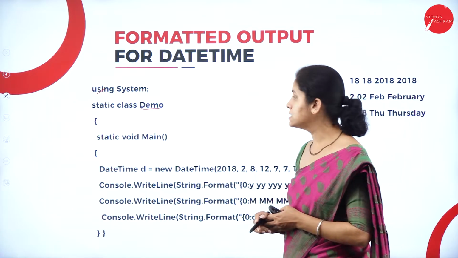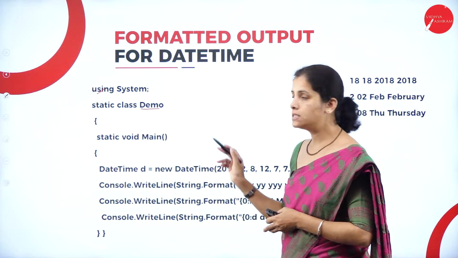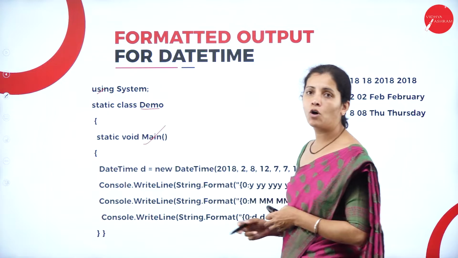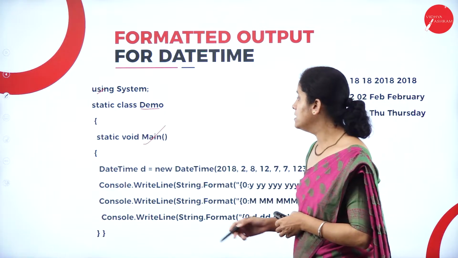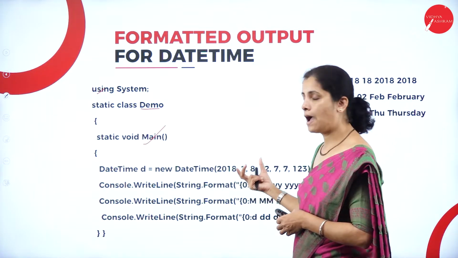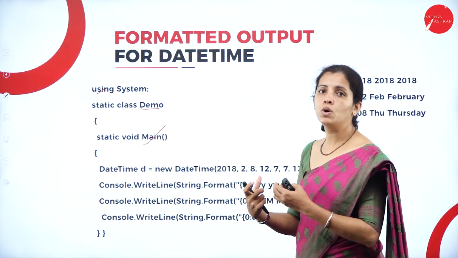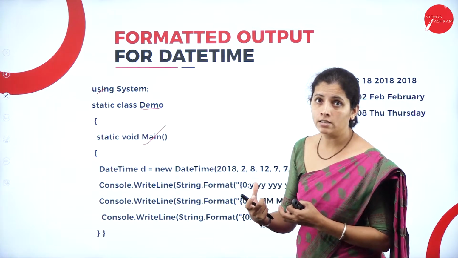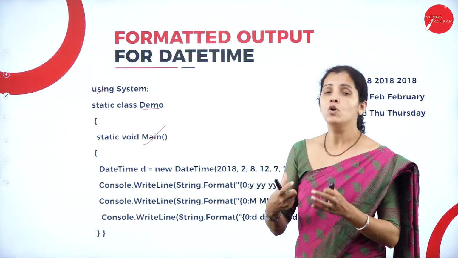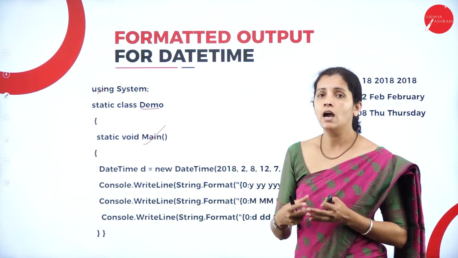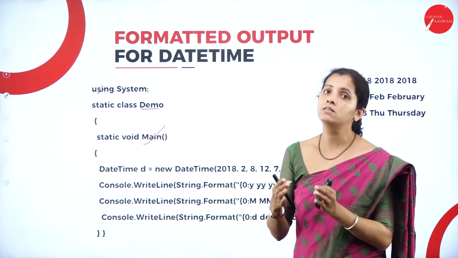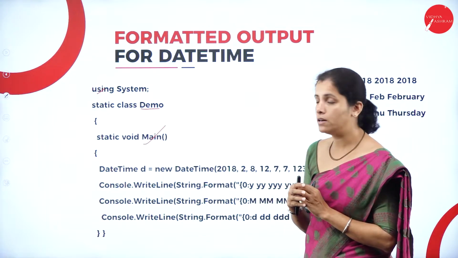And what is my class name? That is Demo. And inside that I have the method called Main. And see, I want to have the date and I want to format the date. That means whatever the date I have, while displaying the date, I want the output in some formatted manner.